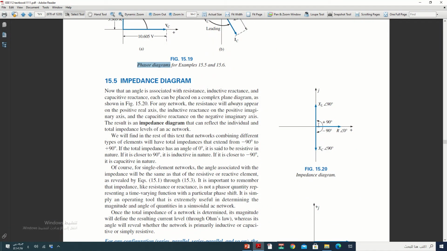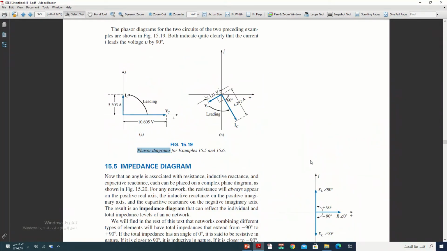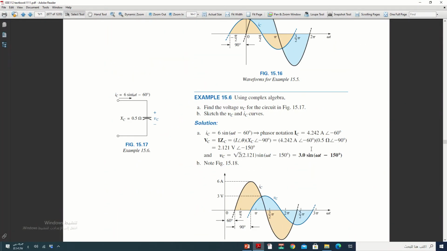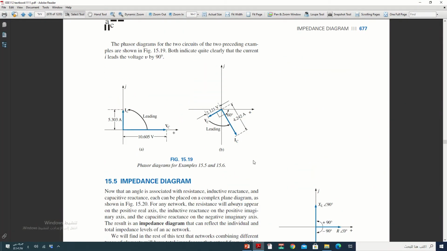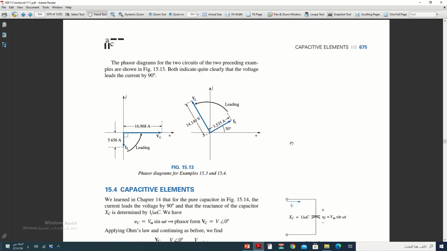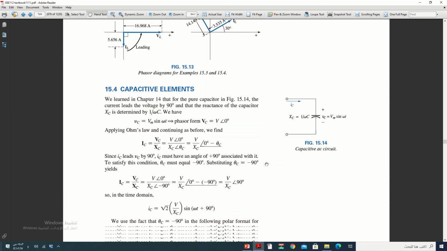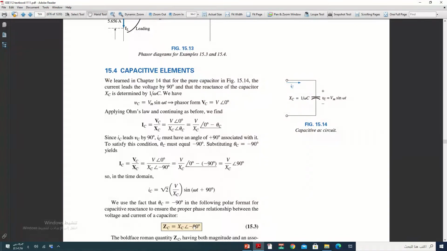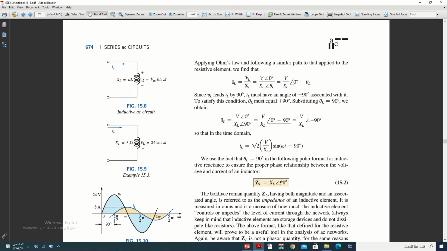Assume this is the basic one: the R with angle 0, the inductor XL with angle 90, the capacitor with minus 90, as mentioned here. Capacitor with minus 90, inductor with 90, and resistor with 0 angle.